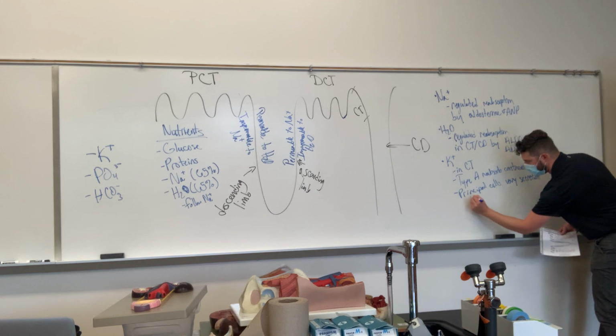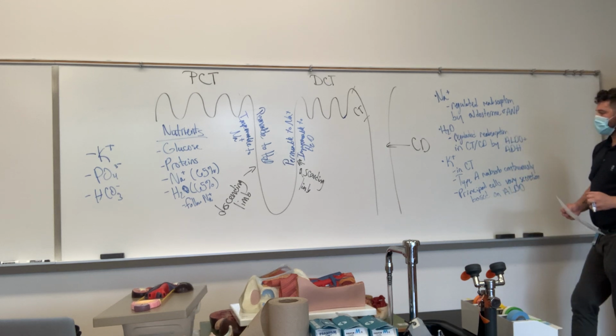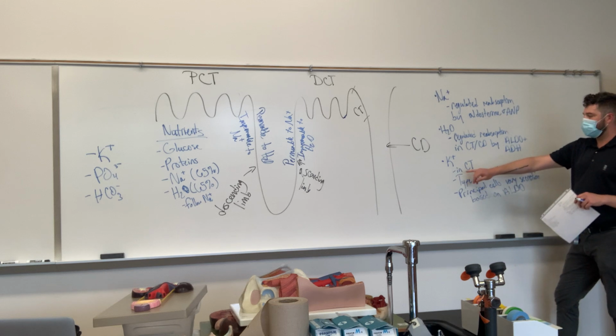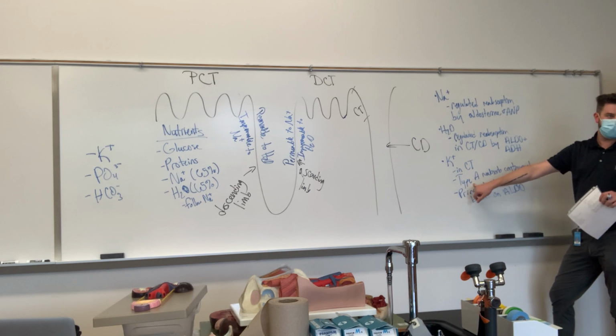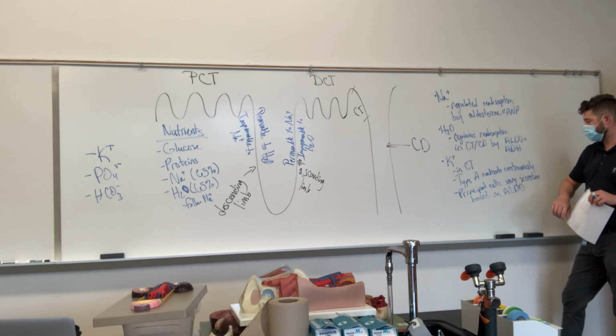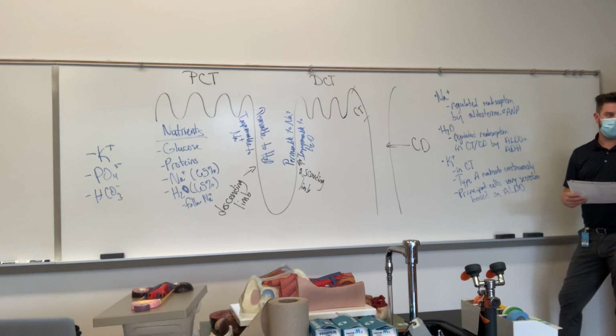I'm sorry, based on aldosterone. So for potassium, it is going to be regulated through the collecting tubule via the type A intercalated cells. We'll see there are type A and type B intercalated cells. And your principal cells. Type A cells are constantly reabsorbing potassium.